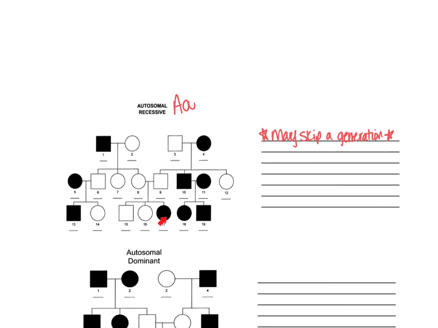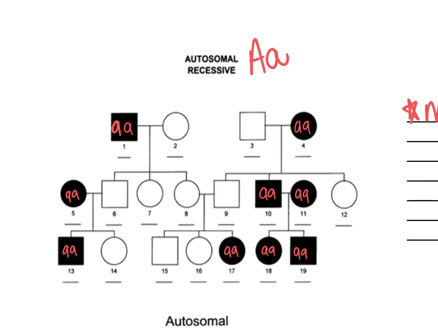So this person must have inherited one little a from the father and one little a from their mother. I'm going to write in the affected individuals, and my unaffected individuals are going to have at least one copy of the dominant allele because they are not showing the condition.